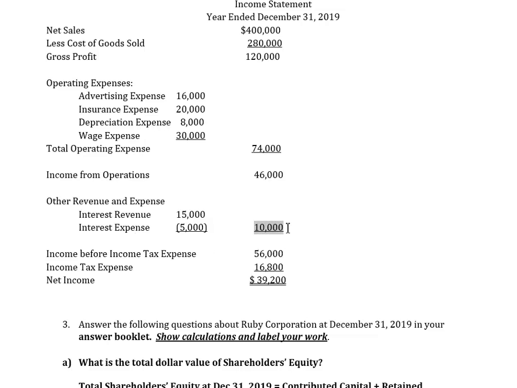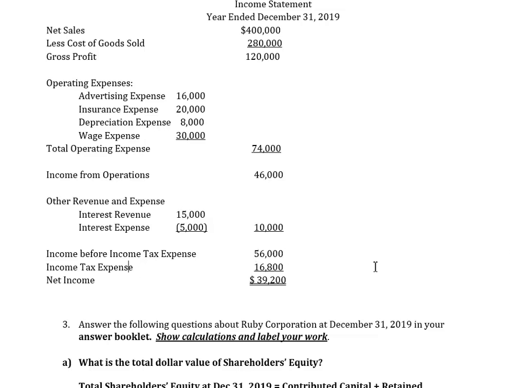At net, you can see we have net revenues of $10,000. Because it's a net revenue, we're going to add it to our income from operations to get income before income tax expense of $56,000. If we had expenses bigger than revenues, then we would deduct it, and we'd have a number which is less than our income from operations.